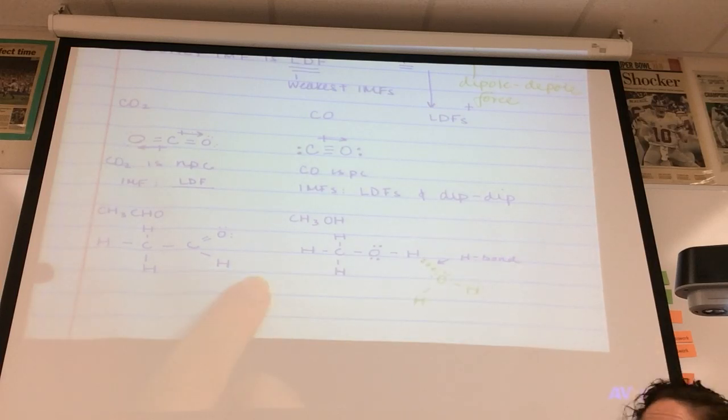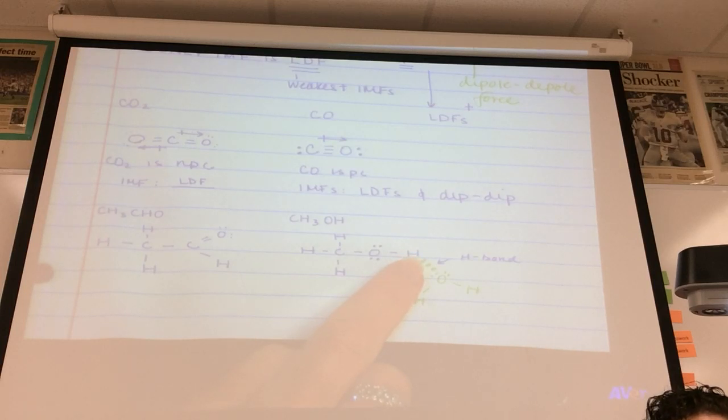Why is this structure incapable of hydrogen bonding? Because the H isn't connected to an N, O, or F. Perfect. Spot on. Alrighty? So alcohols can hydrogen bond with other alcohols, water, ammonia also.